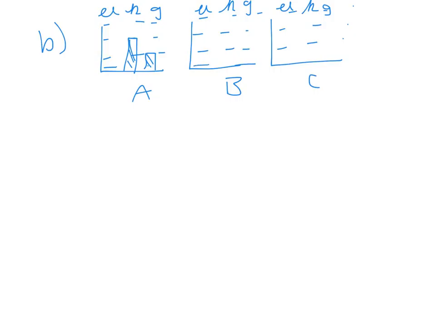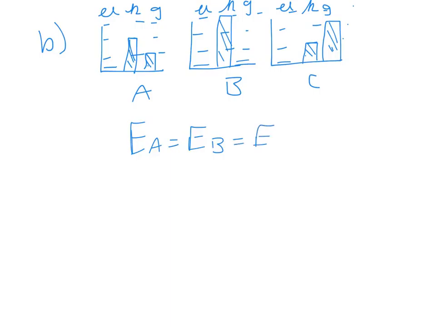Assuming B is the base level, it's all kinetic energy at B. And then at C, he's moving, and he's above the base level. So my energy at A equals my energy at B, which equals my energy at C. I'm only concerned with A and C, so let's just keep A equal to C.